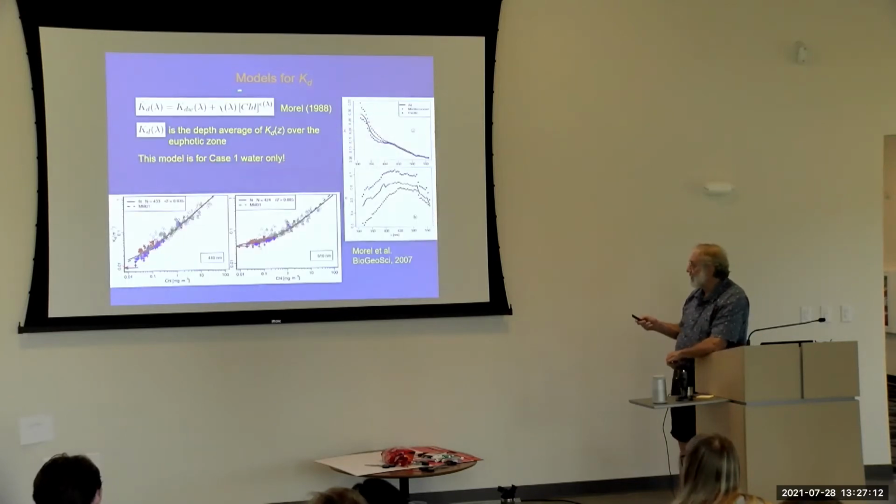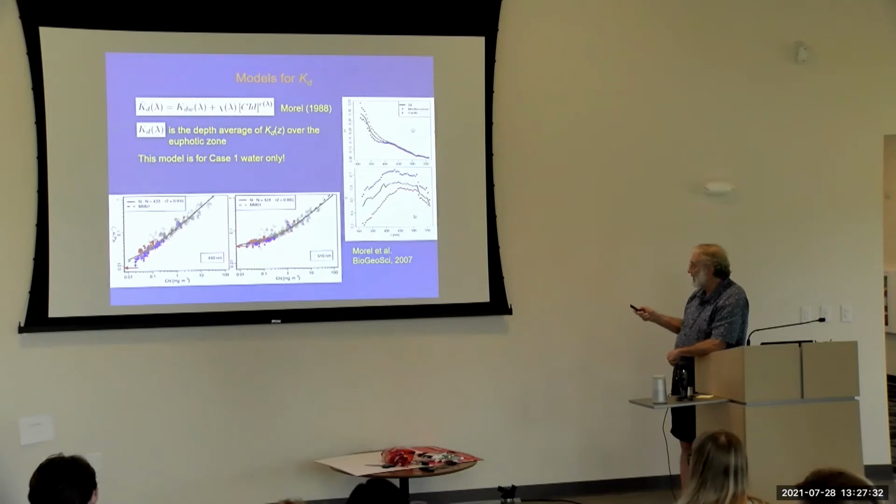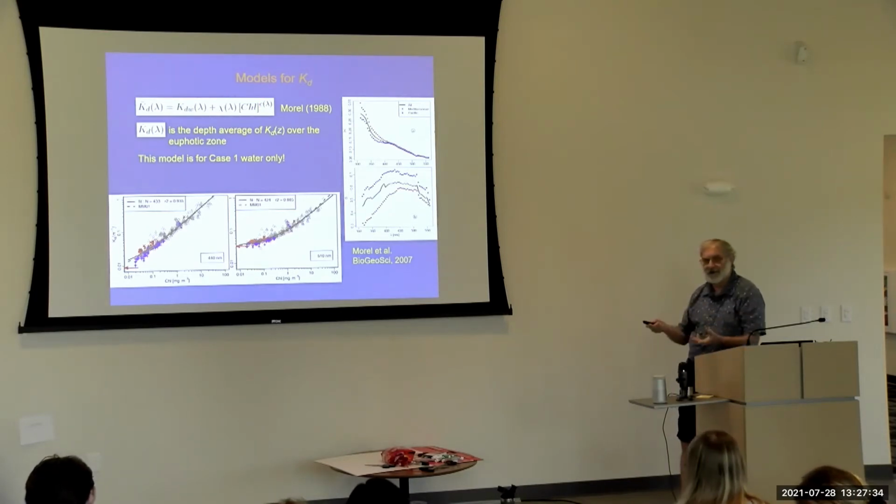So here's another model for KD, this one from Andre Morel, where he predicts the average KD over the depth of the euphotic zone. So that's his KD bar. And he comes up with a little formula where you plug in the chlorophyll and there's a little coefficient, a little exponent, which he tabulates here. Once again, fitting to a bunch of data.